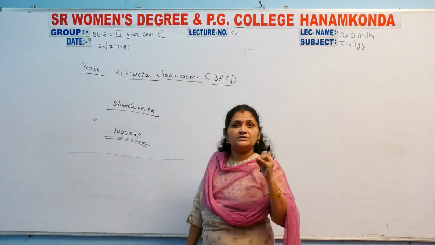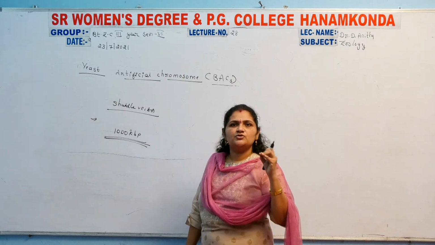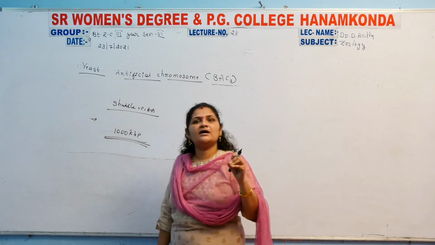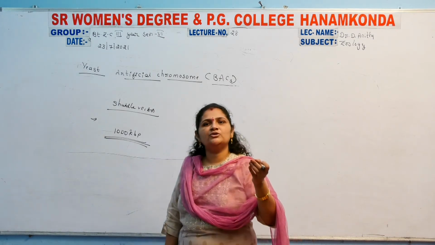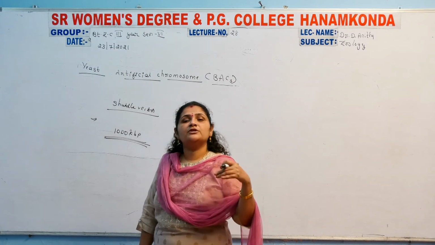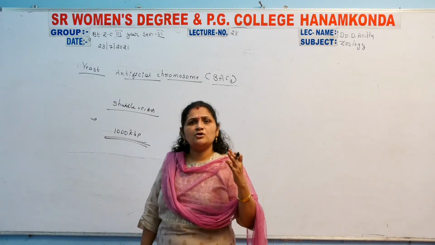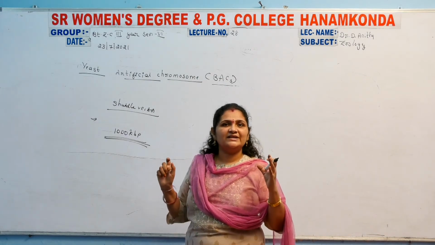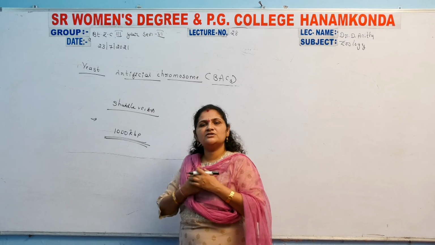So the insertion length is much higher than the bacterial artificial chromosome. That's why it is more advantageous.